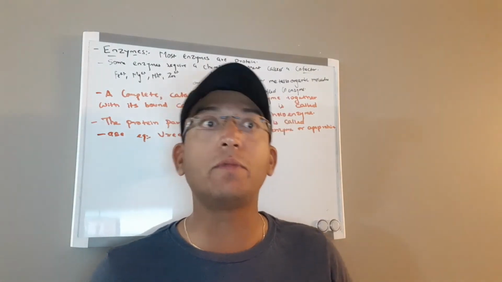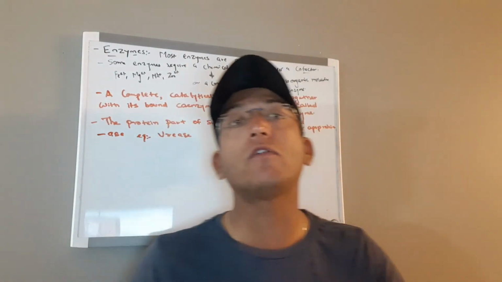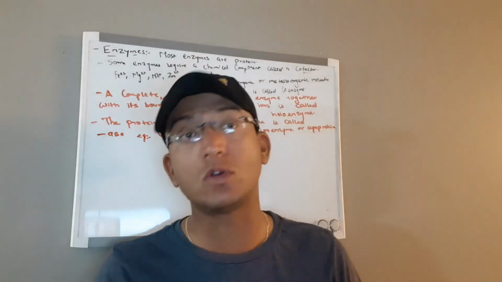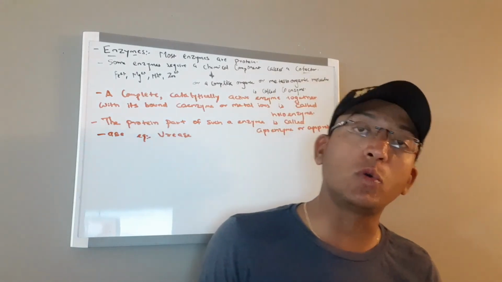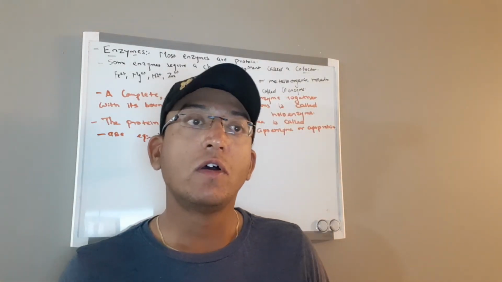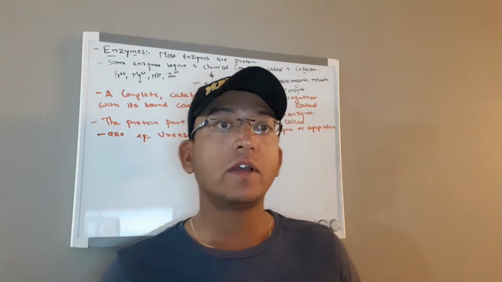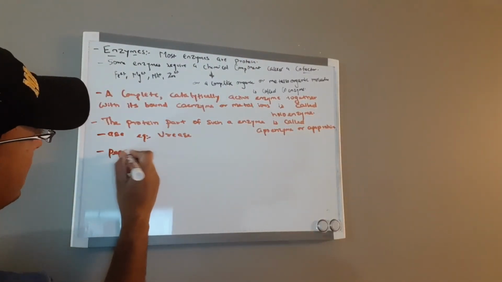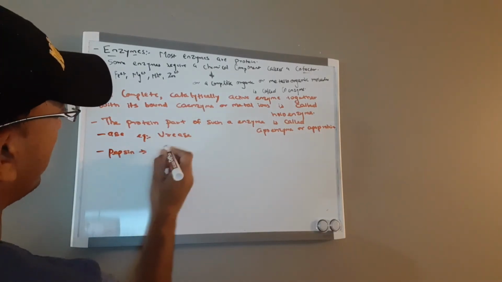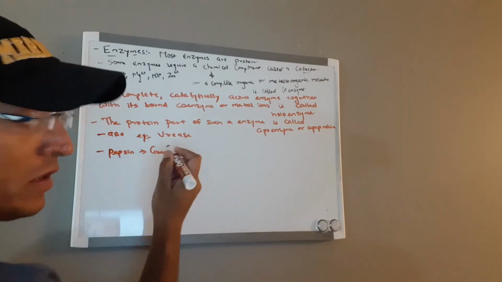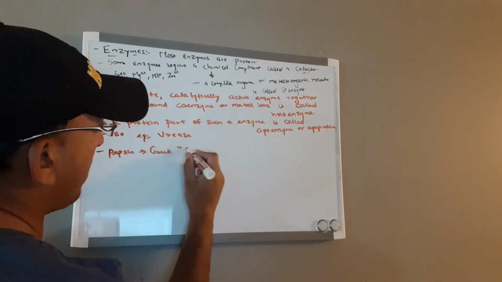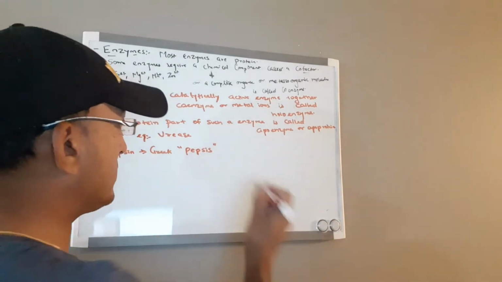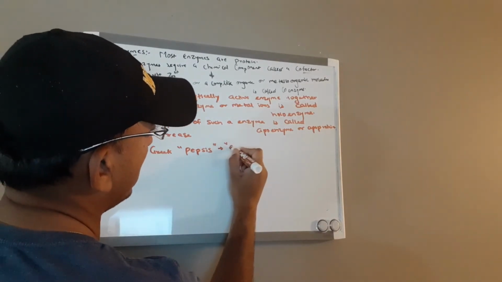Other enzymes were named for a broad function before the specific reaction catalyzed was known. For example, an enzyme known to act in the digestion of food was named pepsin, derived from the Greek pepsis, which means digestion.